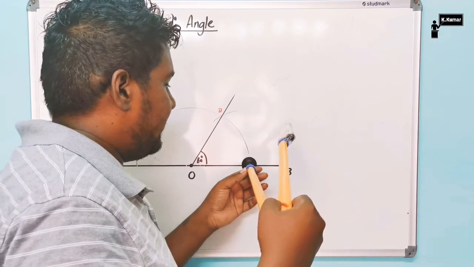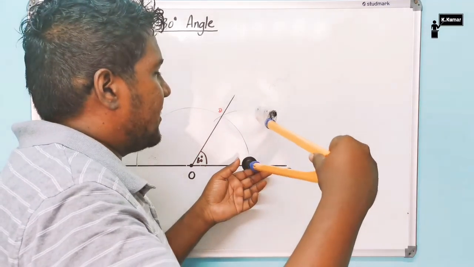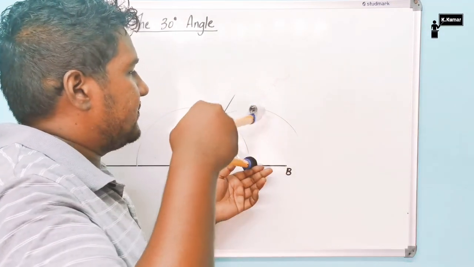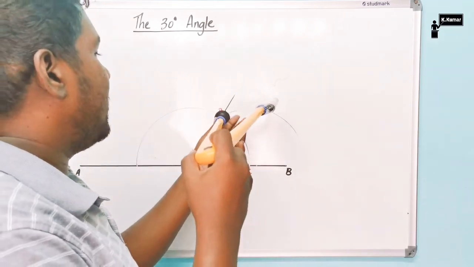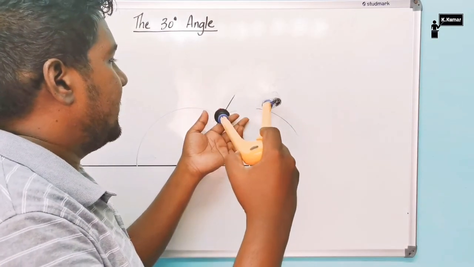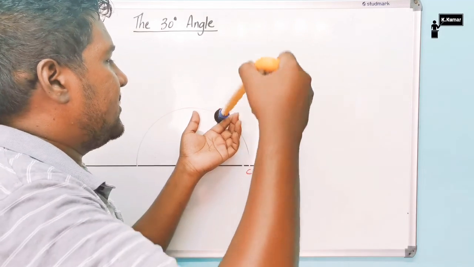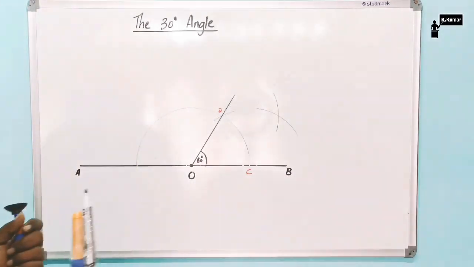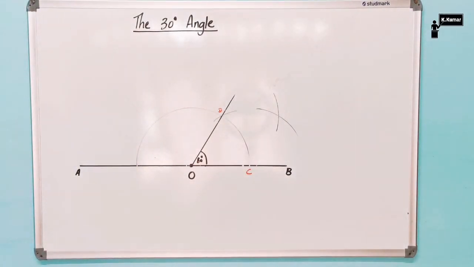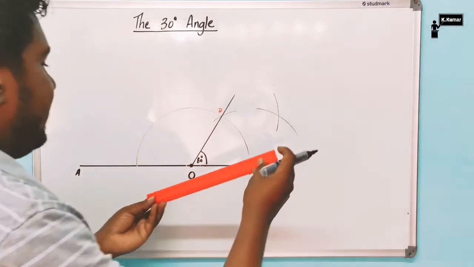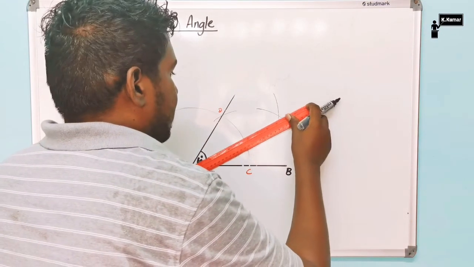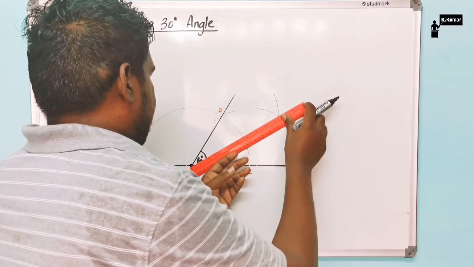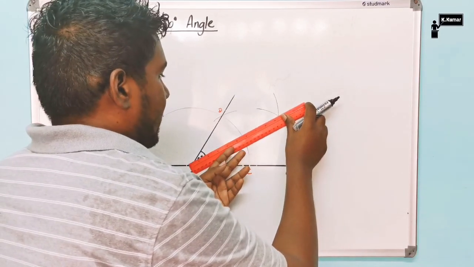Place the compass point at C and you scribe an arc on the outside, and then you place the compass point at D, and you scribe an arc on the outside intersecting the first arc, right? And then from that intersection, draw a straight line to the point at O.